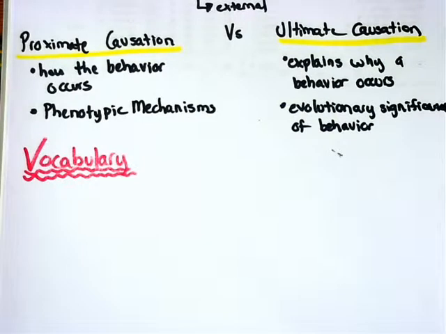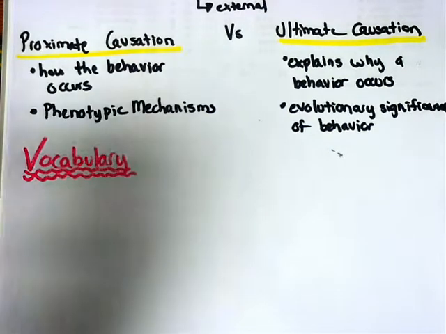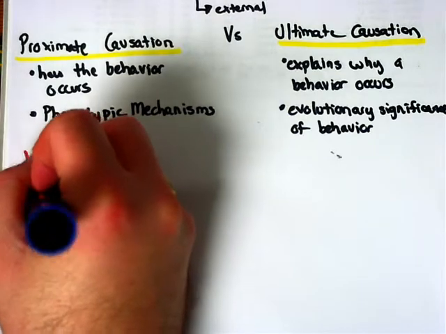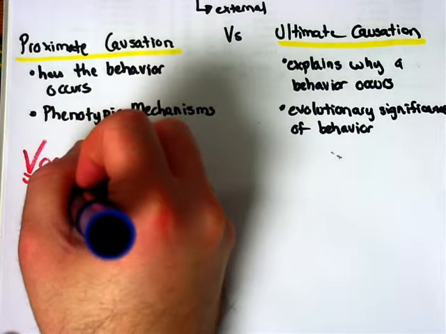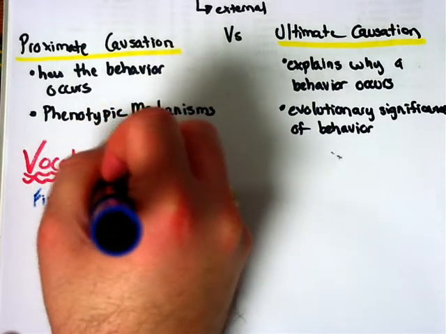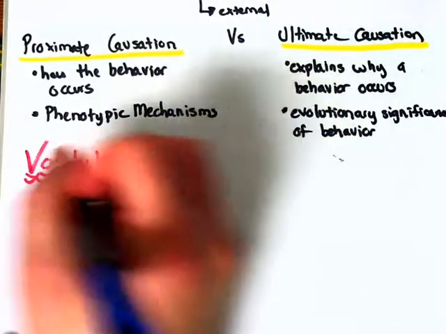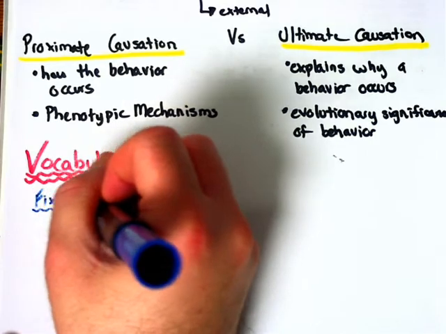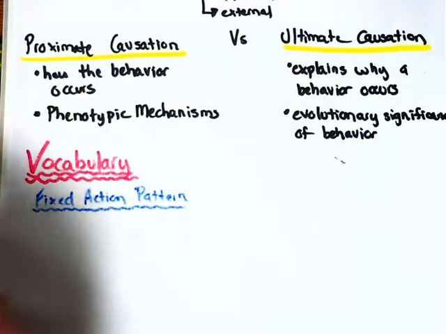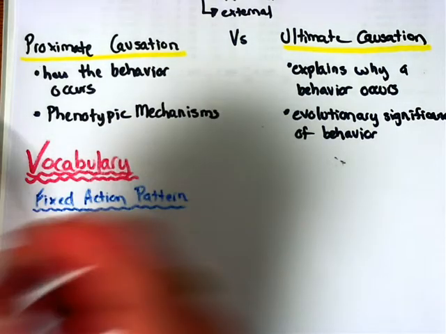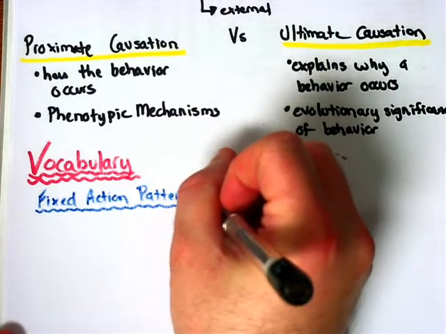What we're going to do is run through a tremendous amount of vocab. The first is a fixed action pattern. And that is a sequence of events.